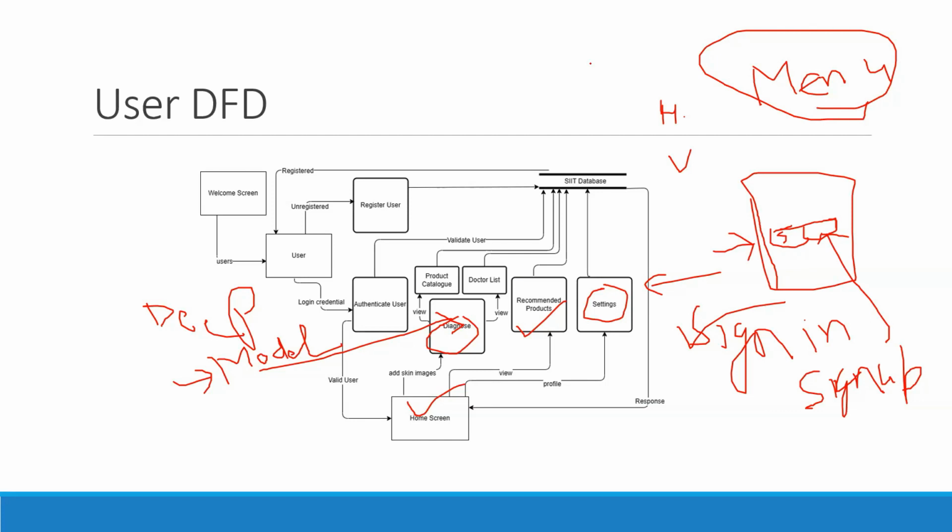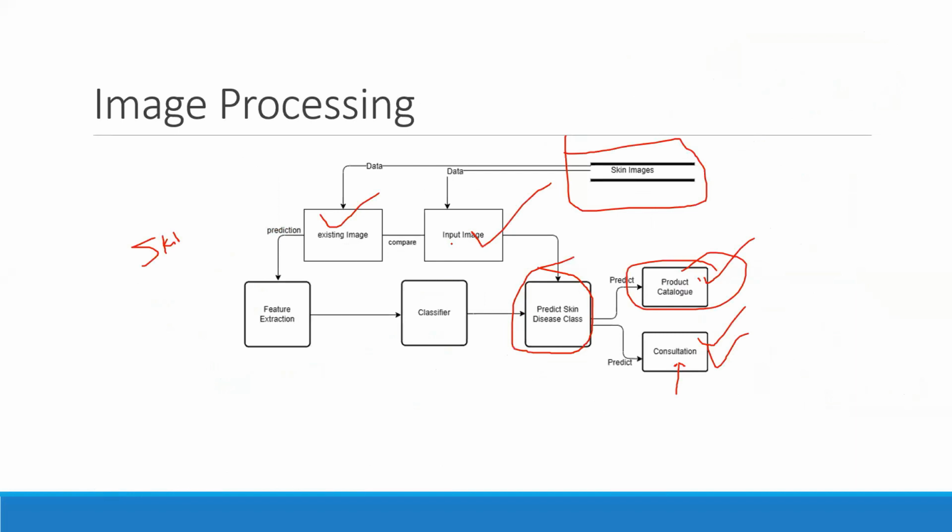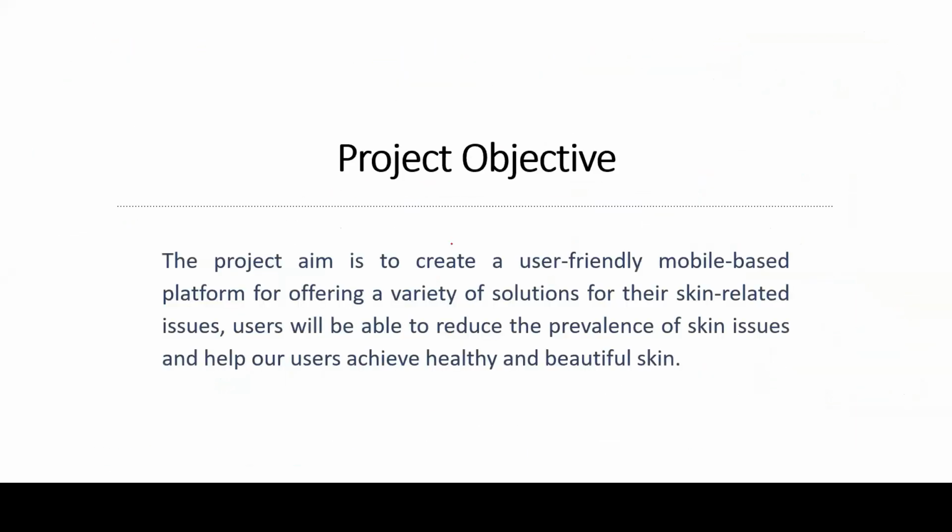I have just included some of these slides for the menu in today's session as well, so that you will be able to understand how we can create a menu in an Android application, and the use of the res folder and the view folder. These are all the technical requirements of my project objective.